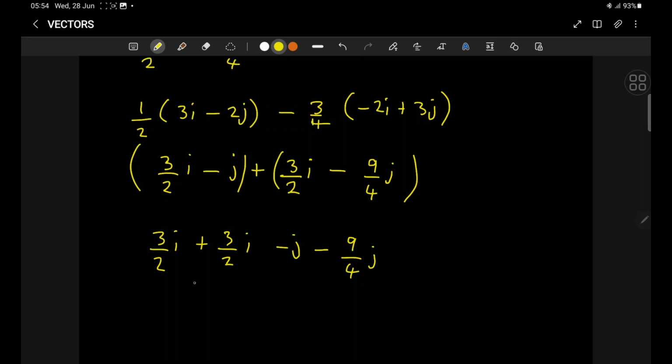So 3 over 2 i plus 3 over 2 i, this is just adding the numerators, so we'll have 6 over 2, which is just 3i. Then on another part, we have negative 1 minus 9 over 4, so this is just negative 13 over 4 j, and it's done.